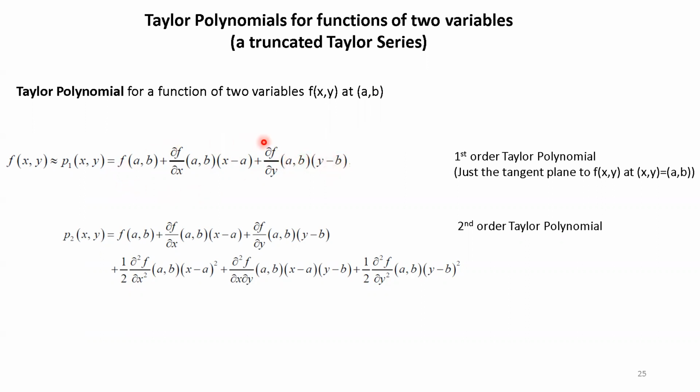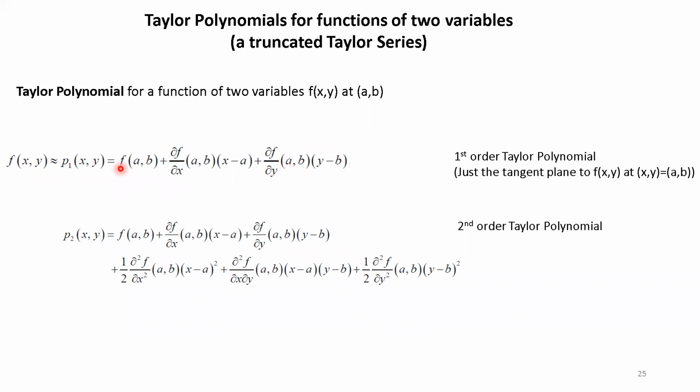First of all, why does it make sense? If you put x equals a and y equals b, you have a minus a, so this term goes away, and y minus b, which is b minus b, so this term goes away too.